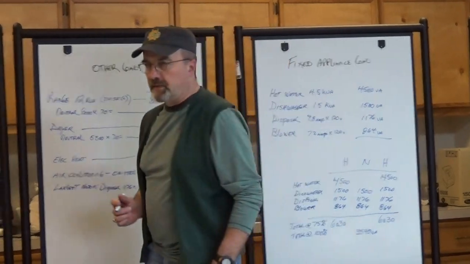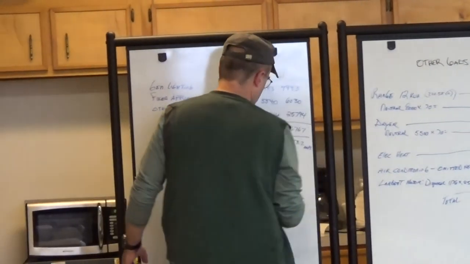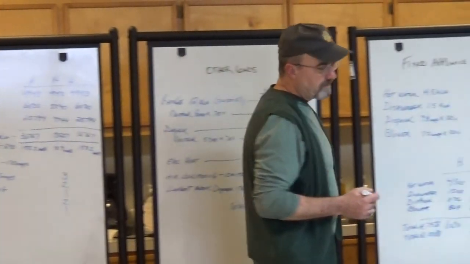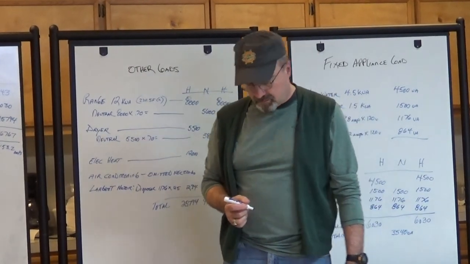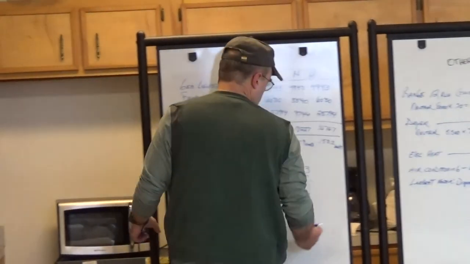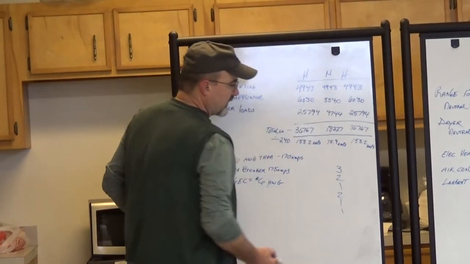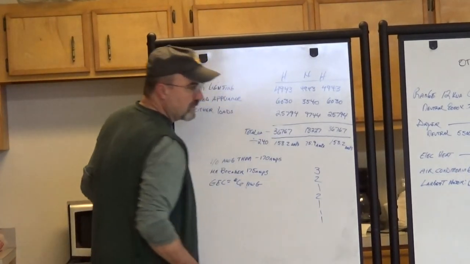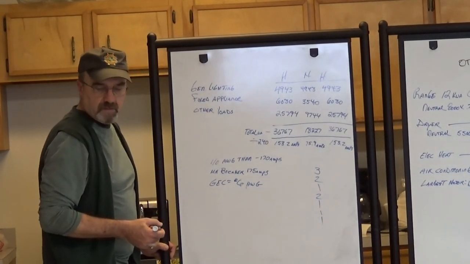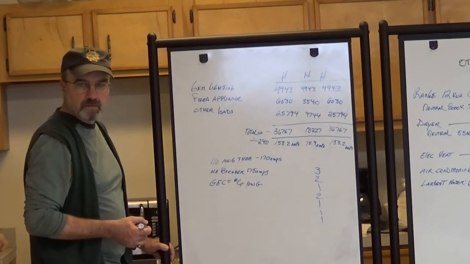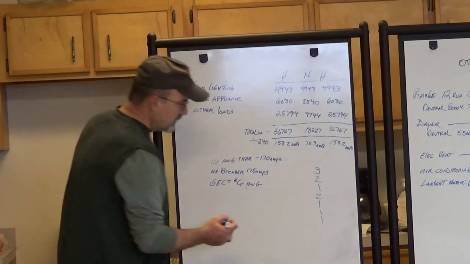We need one space for that. Disposal, need one for that. The blower motor, one for that. Electric range, two for that.